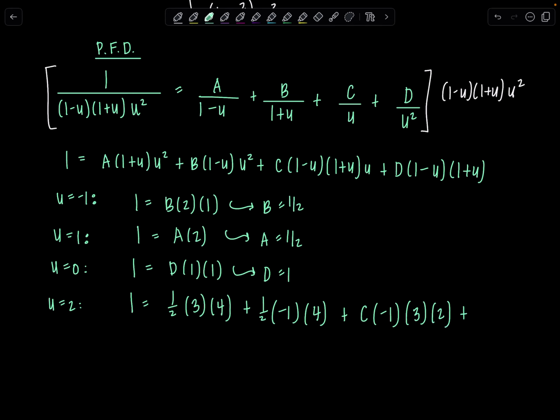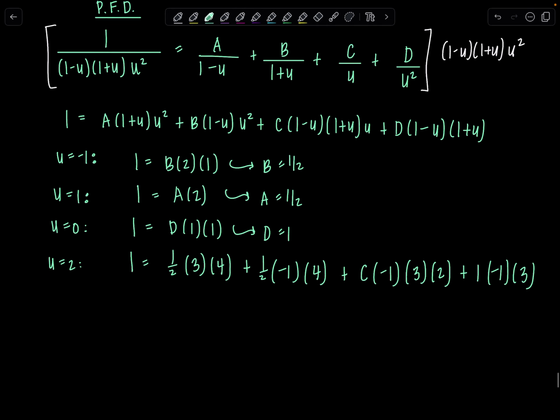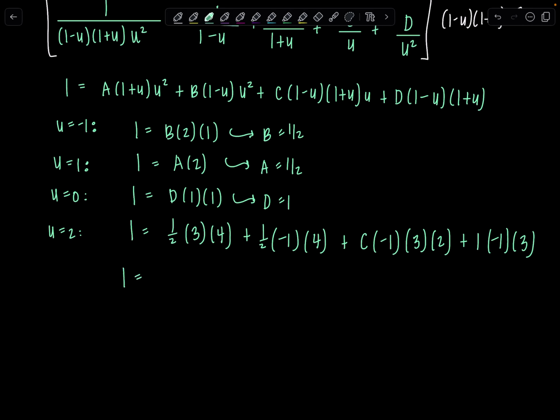Plus D is 1. Times 1 minus 2, -1. 1 plus 2, 3. Okay, so what's going on? 1 equals, that's going to be 6 minus 2 minus 6C minus 3. So I have 1 equals -6C plus 1. So 6C is 0, C is 0.